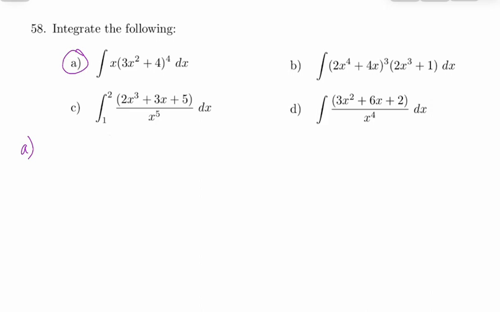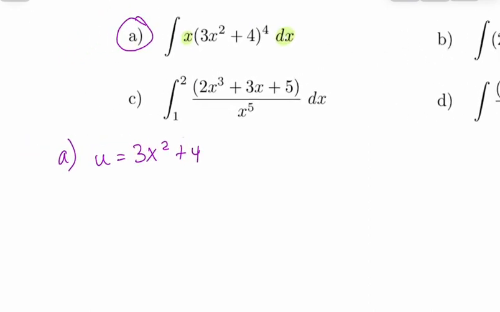So this is one where you are going to make u the thing that is stuck. If we make u the thing that is stuck, the rest of the problem contains an x dx. So we need to figure out what x dx is equivalent to.